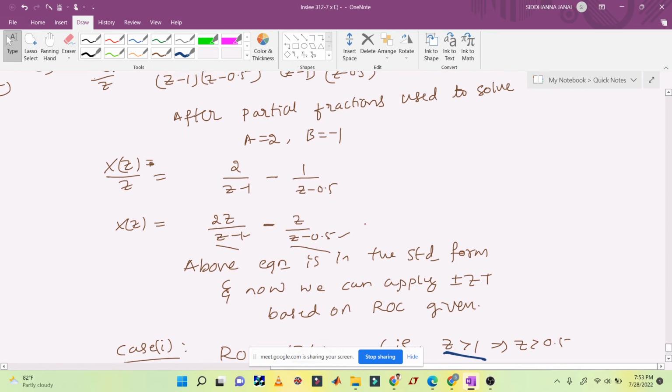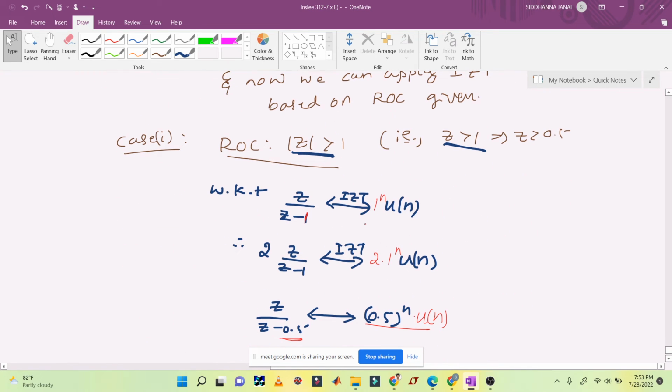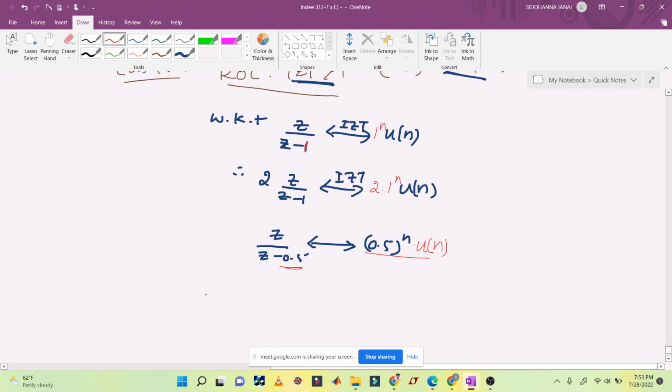Okay, so combining both, what we have: X of z is equal to 2z divided by z minus 1 minus z divided by z minus 0.5.